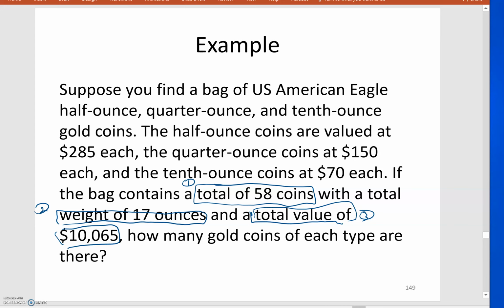Now, a little bit more about this. The weight information, we also know the weight information for each particular coin, right? Because we know half ounce, quarter ounce, and tenth ounce.